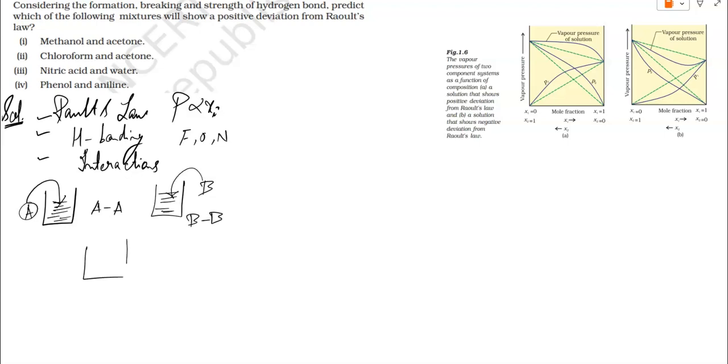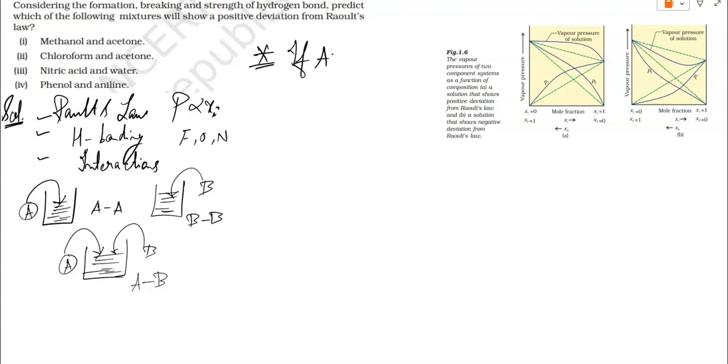But in the third case, if we have component A and component B in this mixture, there will be AB kind of interactions between them. So the idea to solve this question is there can be two different scenarios.